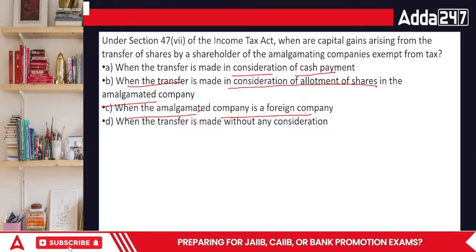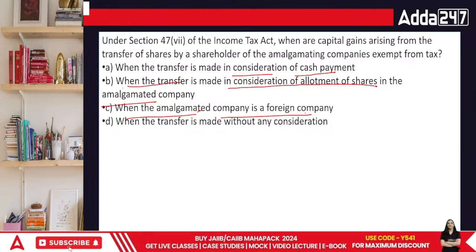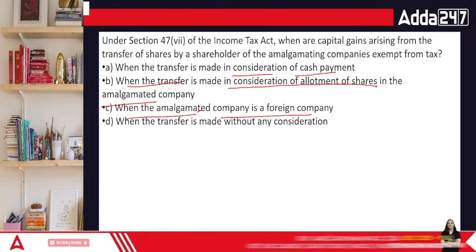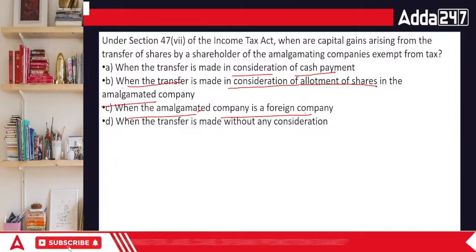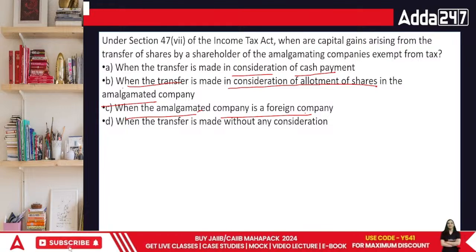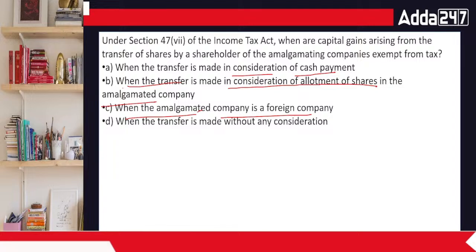What's going to be the answer? Even though it's a transaction, it is not stated as a taxable one. When will this happen, everyone? What's going to be the answer?